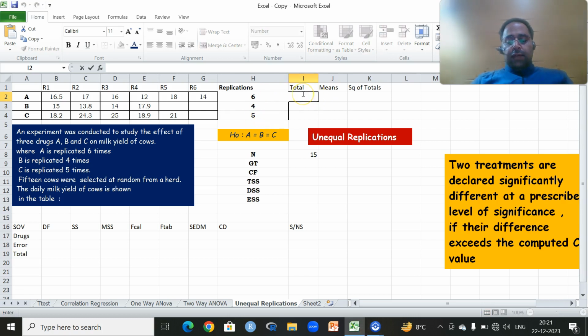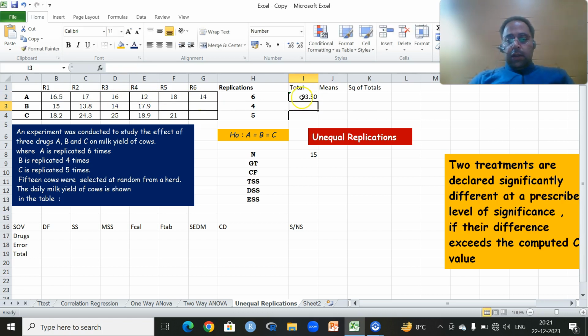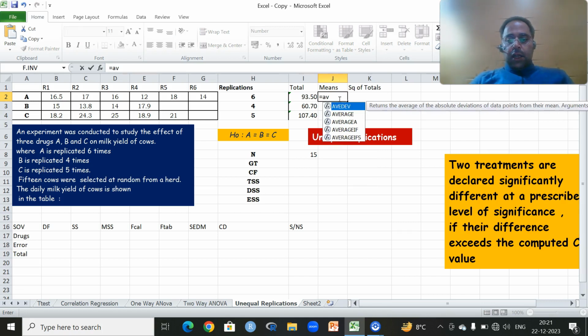So we will start with getting the totals, which are very important for calculation of the treatment sum of squares. We'll simply press enter, then drag this up to the third treatment. Then averages are again important, because we have to do the comparisons.